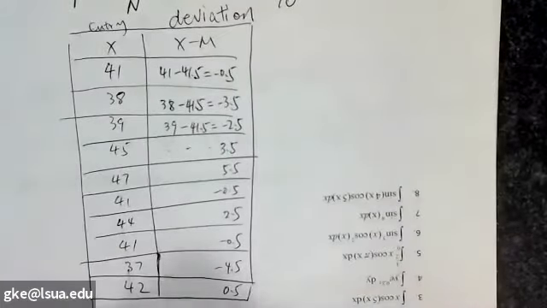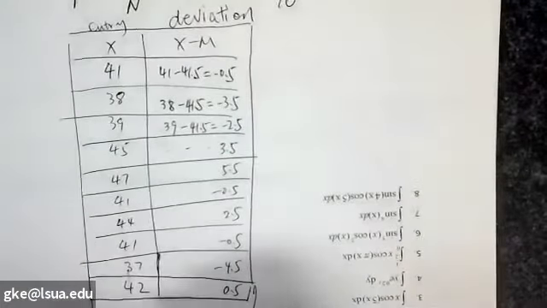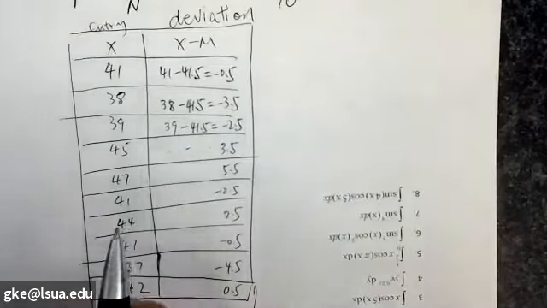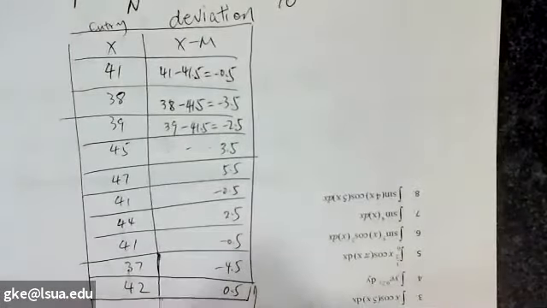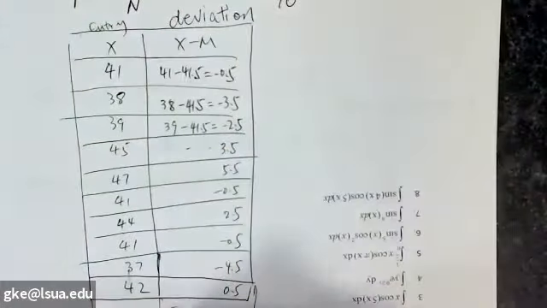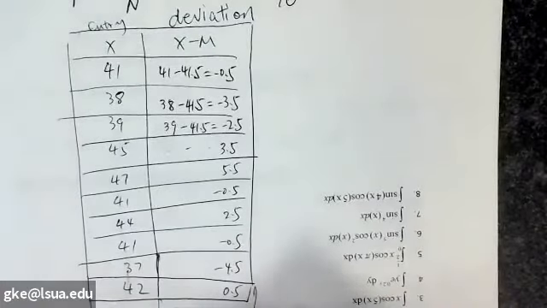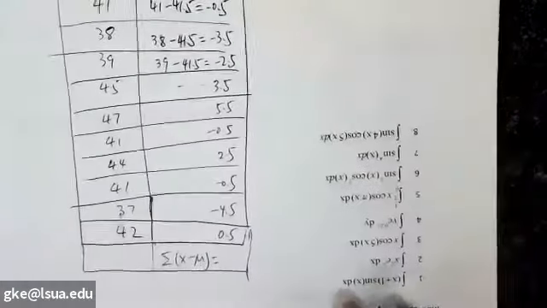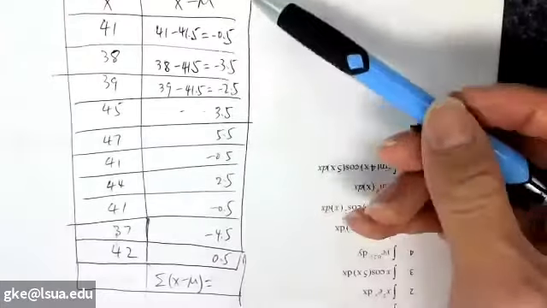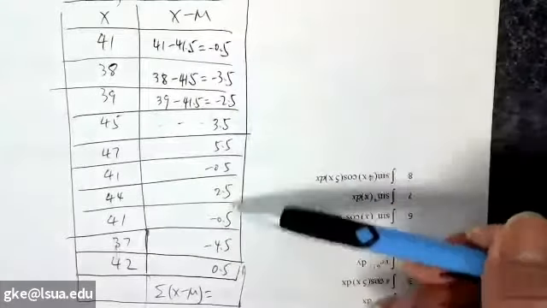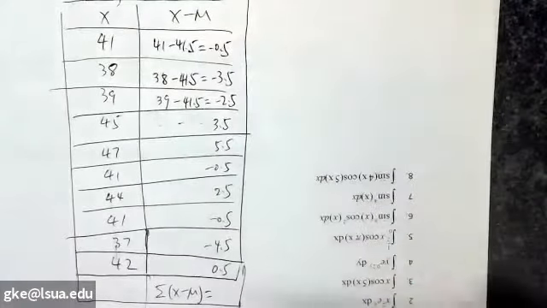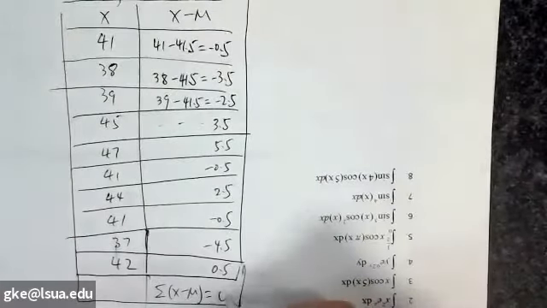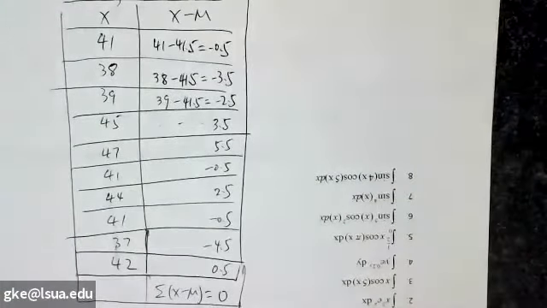And the interesting things, you guys can do some calculation about the summation of this column. You can do some summation of the second column. You will find the summation of this column equals 0.